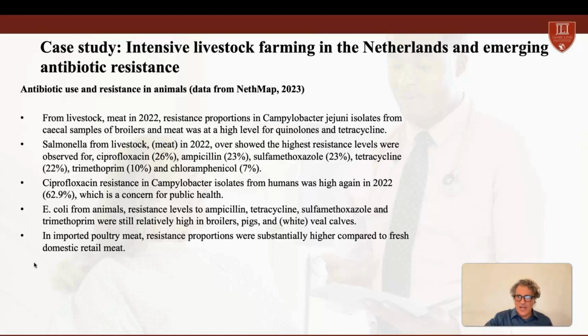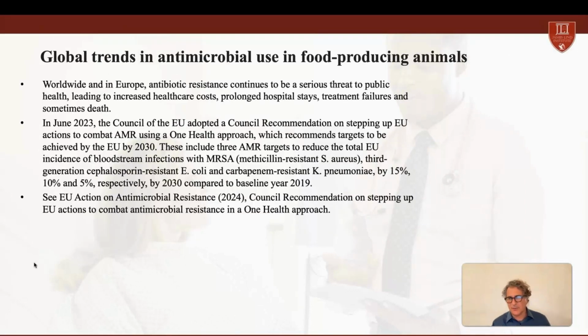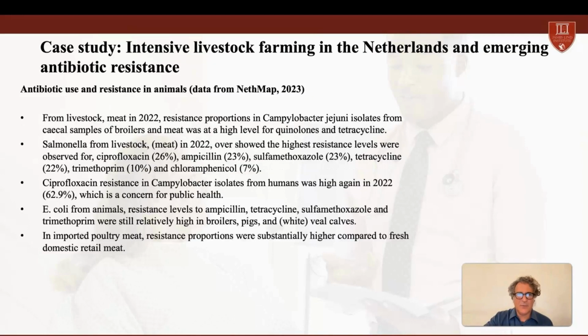So you can imagine, because we're talking about the Netherlands, which has one of the highest intensive productions of meat in all of Europe, the overuse of these antibiotics has created what we see, all this resistance to the most important drugs, and of course antivirals.